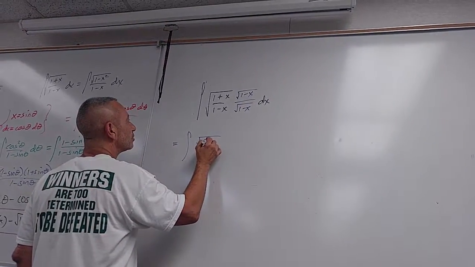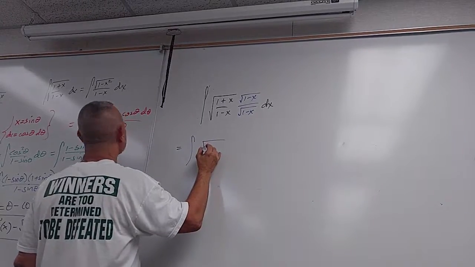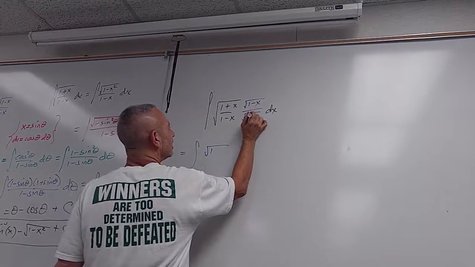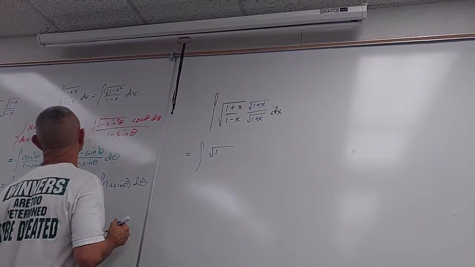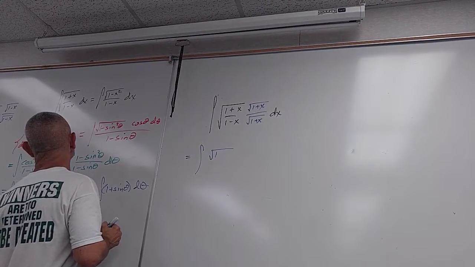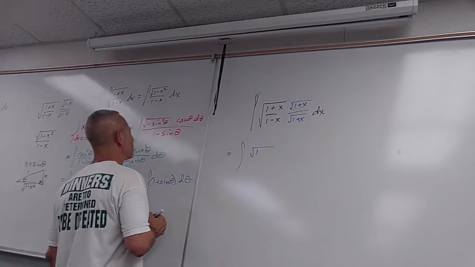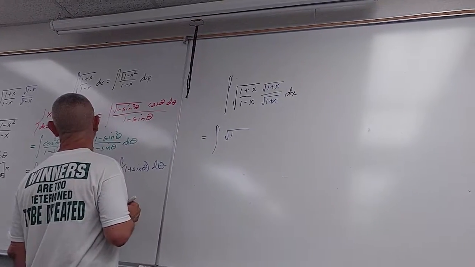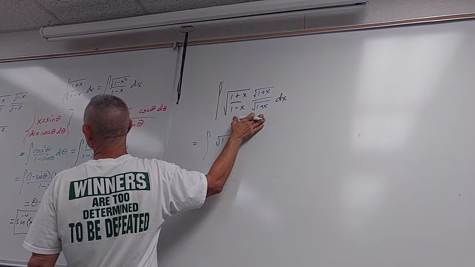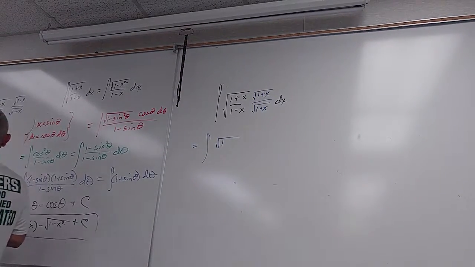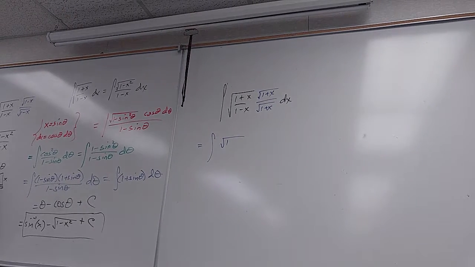Let's see, so 1 minus... Oh, wait a minute, I just did the same thing again. 1 plus. Is that what you wanted to do? That's not what you wanted to do. Didn't you want to? Yeah, that way. Yeah, I see. 1 plus x squared on top. Oh, wait a minute, that's what I wanted to do. I rationalized the numerator here, didn't I?